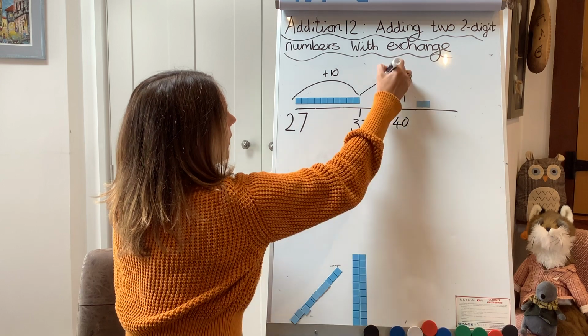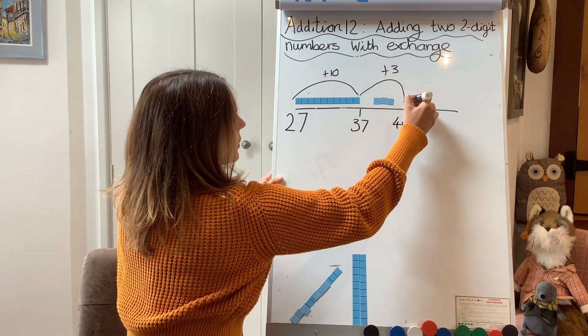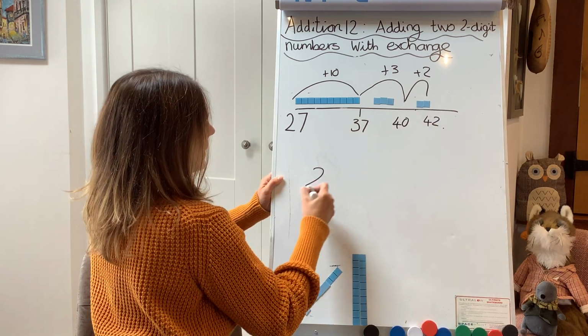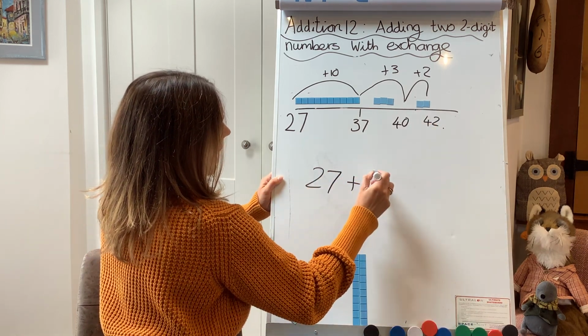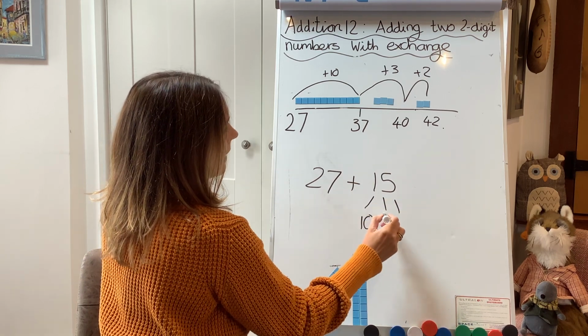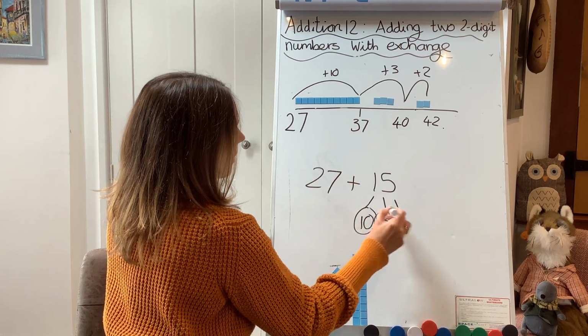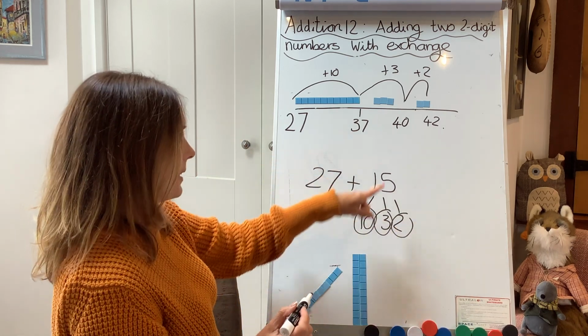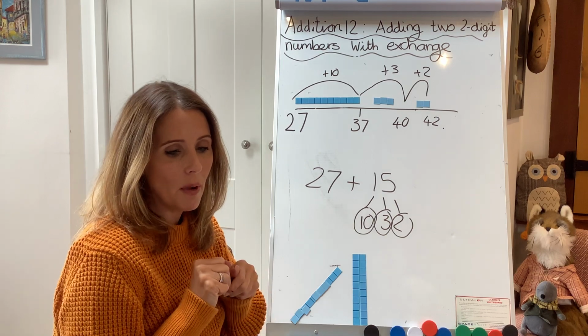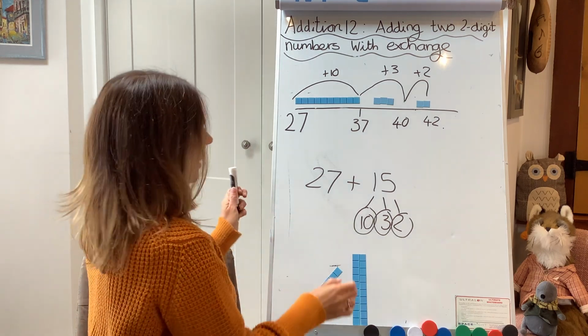So I'll add on 3, and that 2 will take me to 42. So what I did there was 27, add 15, I partitioned it again into 10, 3 and 2. So I added on 27, add 10, then add 3, and then added 2. So practice using both of those. Okay.